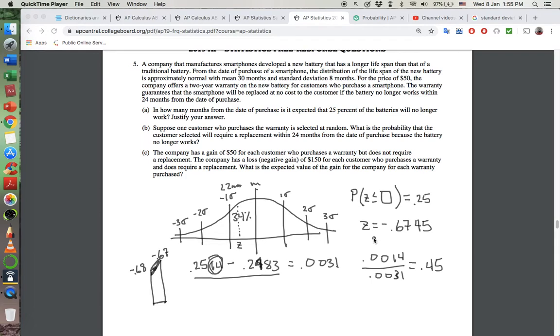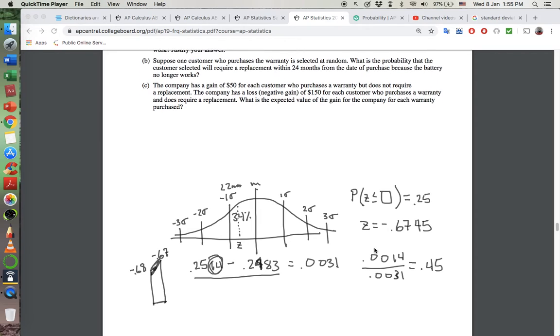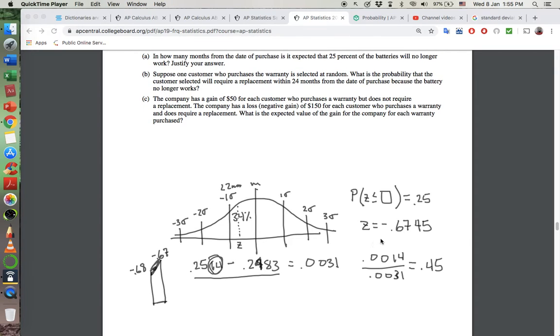Then we're going to take that z-score and find out what our number is in months. To do that, we are going to take our standard deviation, which is 8, and multiply that by the z-score. Z is negative 0.6745, and we're going to subtract that from the mean, which is 30.